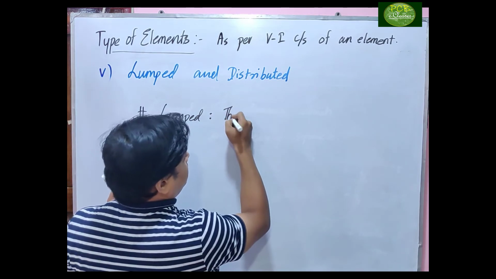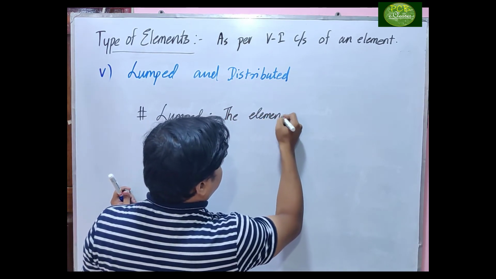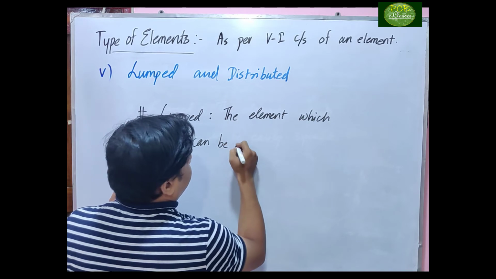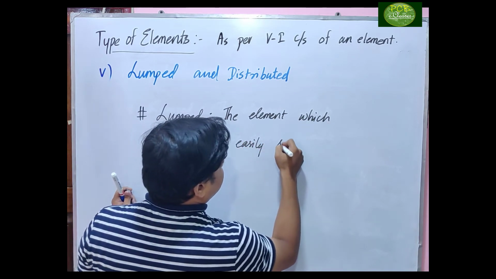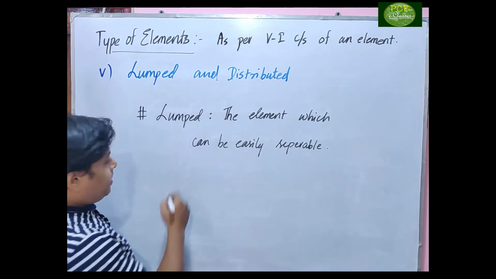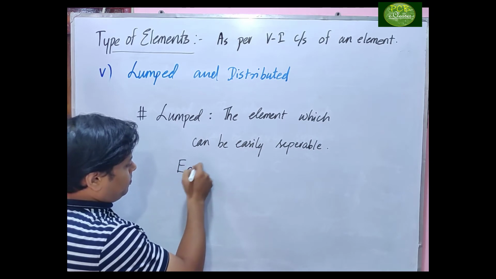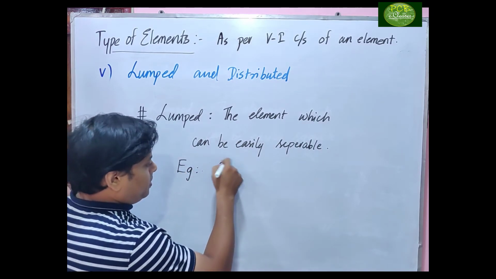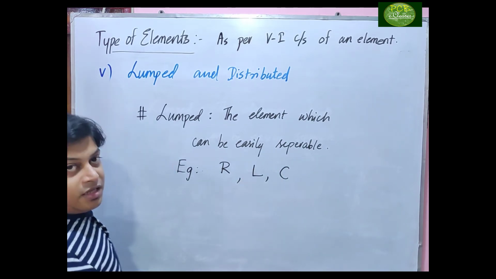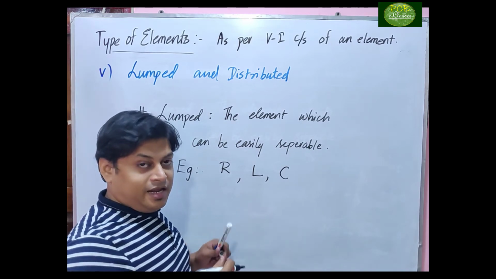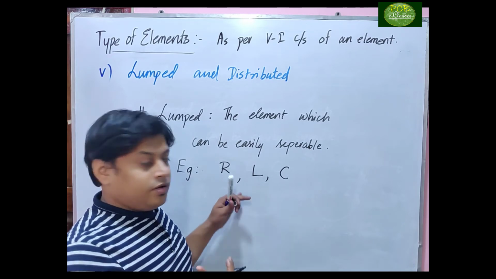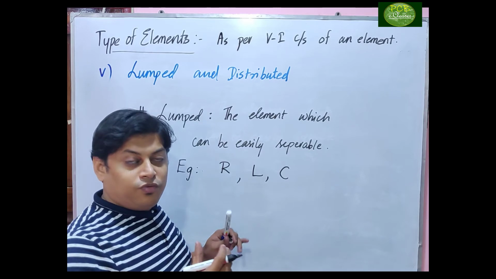The element which can be easily separable. What is the example? Resistor, inductor, capacitor. These are the solid elements which can be attached to or easily removed from a circuit, right? And easily measurable also.